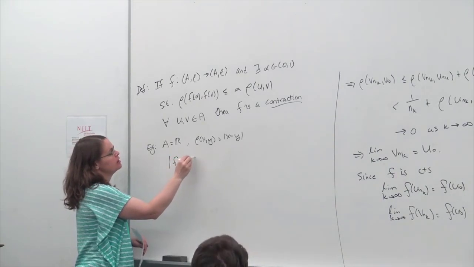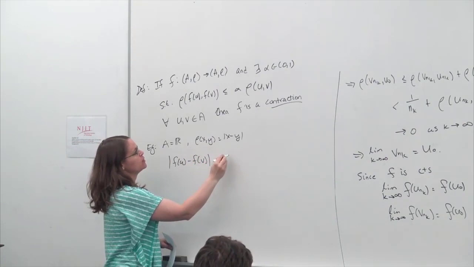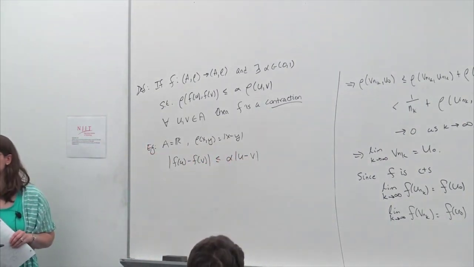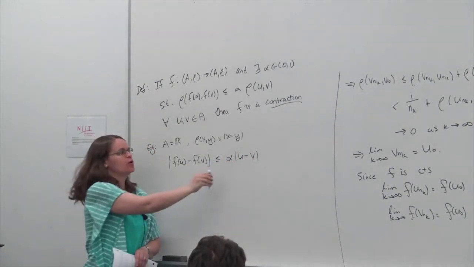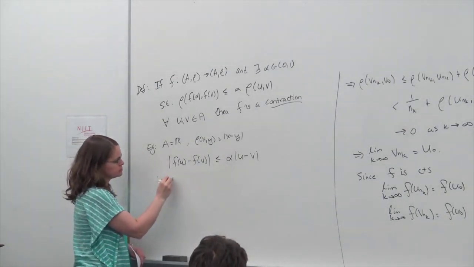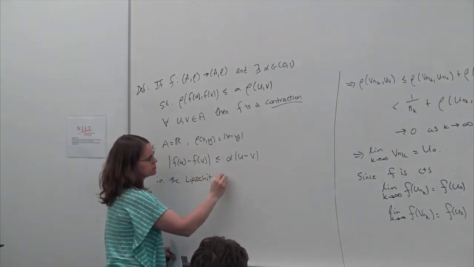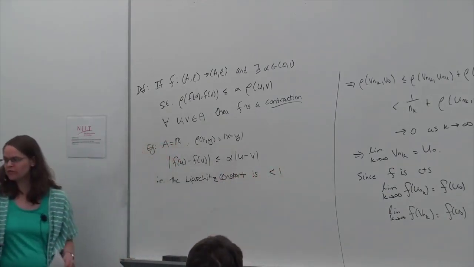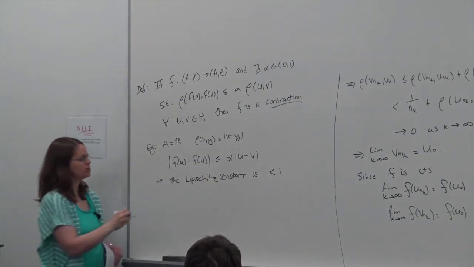This says that the distance between f of u and f of v is less than or equal to alpha times u minus v. So yes, there's a Lipschitz constant right here. What this is actually saying is that you have a Lipschitz constant that's less than 1. Or if f is differentiable, it says the derivative is strictly less than 1 always.